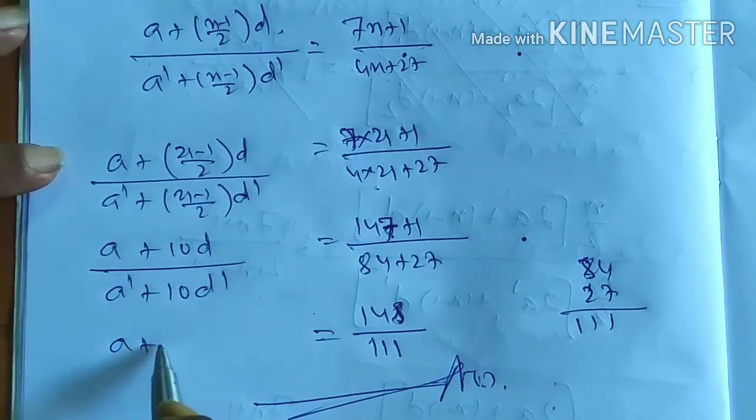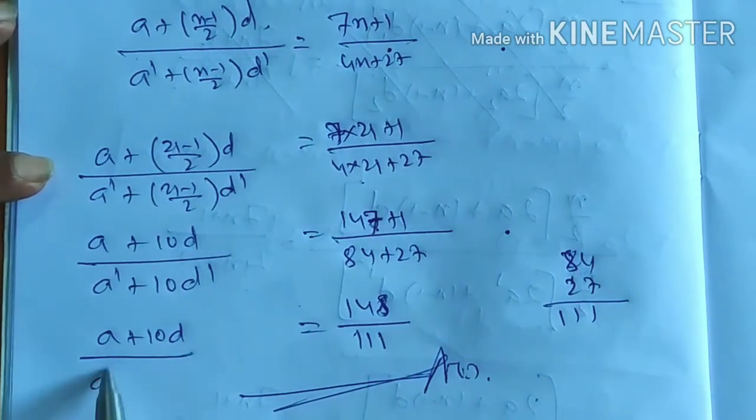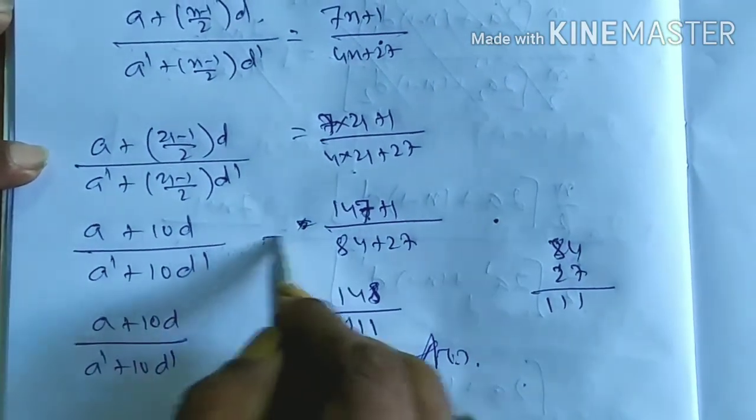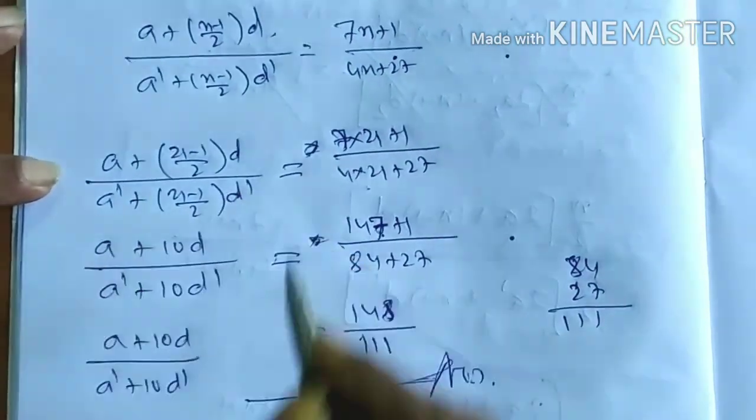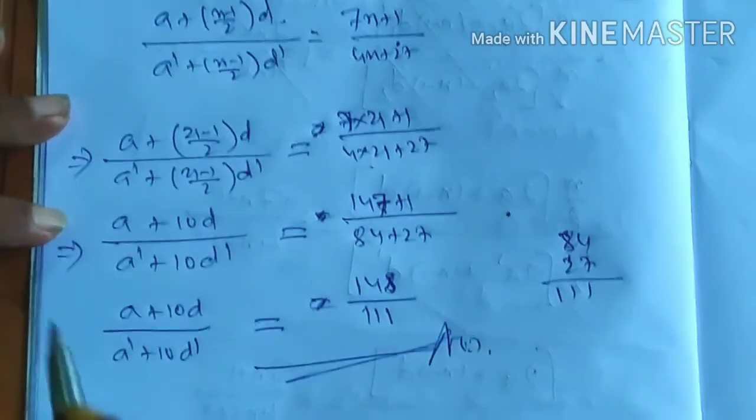Therefore a plus 10 d by a dash plus 10 d dash is equal to this much. Make it like this. It will be far better.